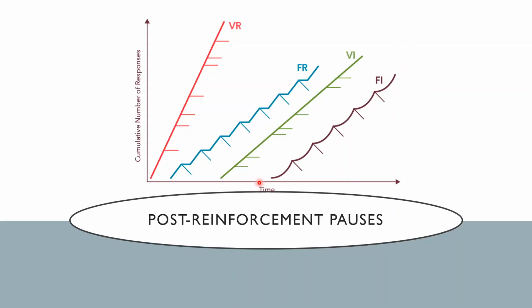And what I just want to visually illustrate here is that when we are dealing with a fixed schedule, either fixed ratio or fixed interval, that is always going to produce a steeper post-reinforcement pause, meaning that when we know what the schedule is, we're going to stop performing the behavior as much right after we're reinforced. When it's variable, when we don't know, we're going to continue performing that behavior very consistently.